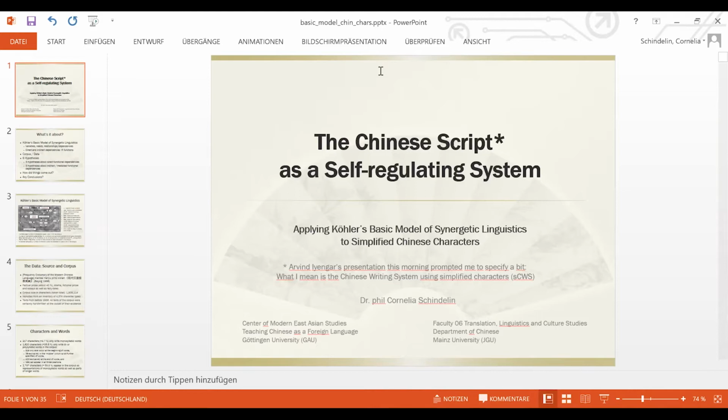So Reinhard Köhler developed this model, which he called a model for synergetic linguistics, which is the attempt to integrate into one model various relationships or dependencies between various factors of, what do you call that in English? Entities, linguistic entities that can be quantified, the relationships between which were already known and had been explored before, but they had not been integrated.